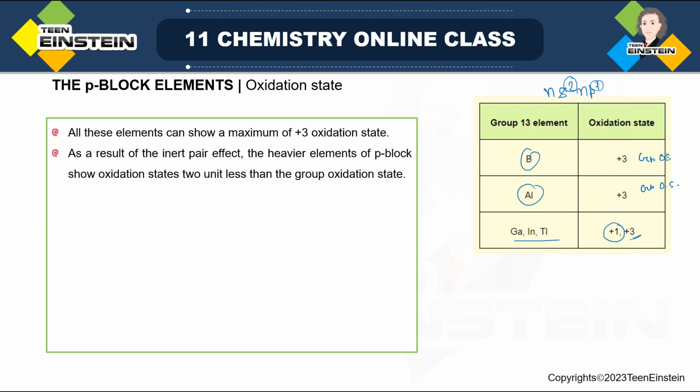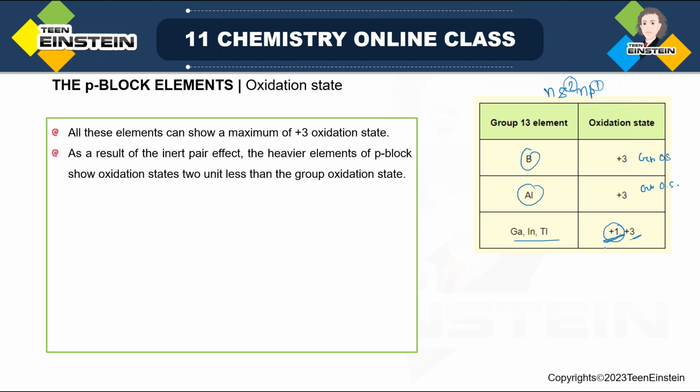It is clear from this table that for boron and aluminium, 3 electron removal is easier. But for the next 3, though it may vary, it is not that you will always have these 2 oxidation states; it may vary depending on what type of other element it is making the compound with. But +1 is also observed.